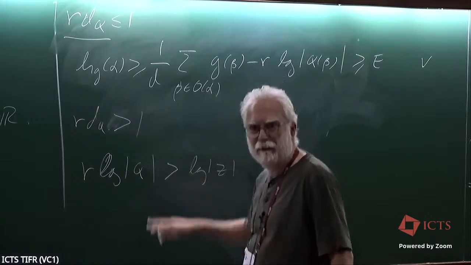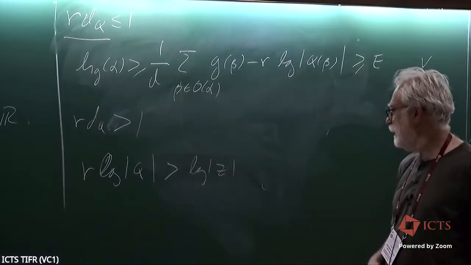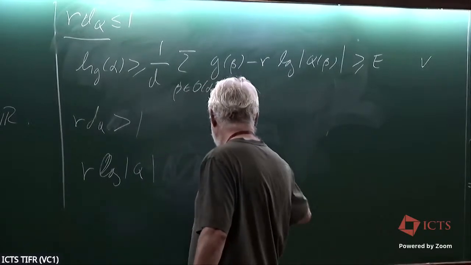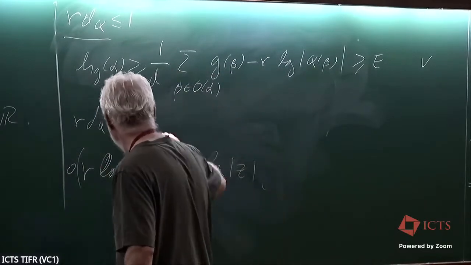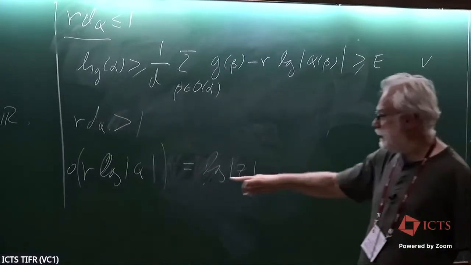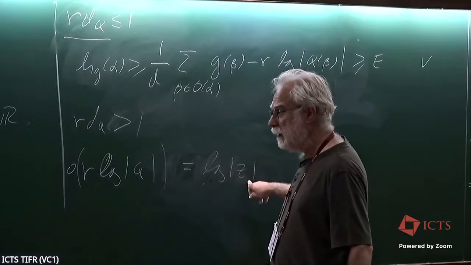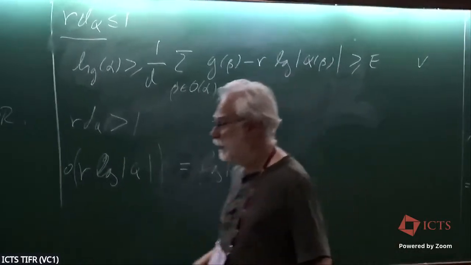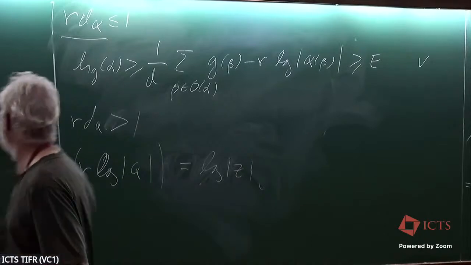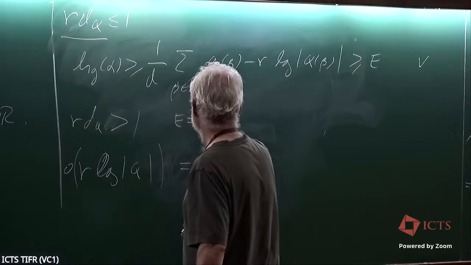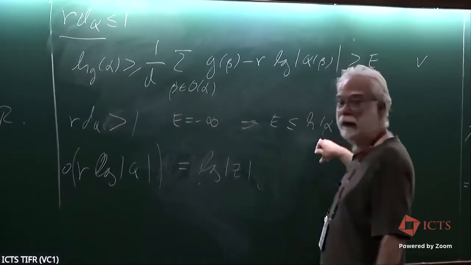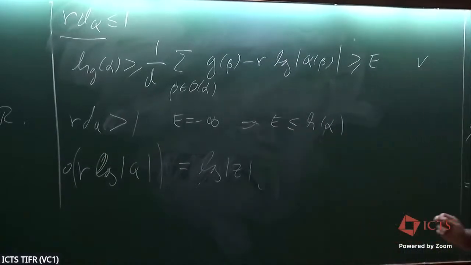But not just bigger, it's much, much bigger. I mean, log of z is a small o of this quantity here. Hence, in this case, this quantity grows much faster than this one. But since I am subtracting it, this means that this infimum has to be minus infinity. So in this case, E is equal to minus infinity. And of course, E will be smaller or equal than h of alpha, because it's a real number, and this is minus infinity. So we still have the inequality.